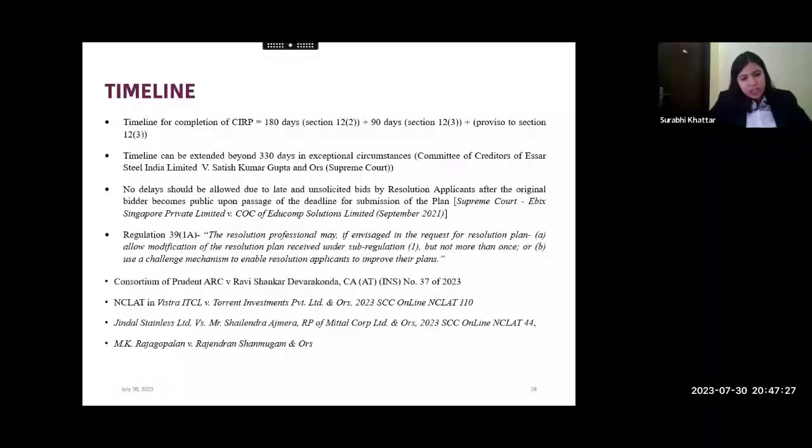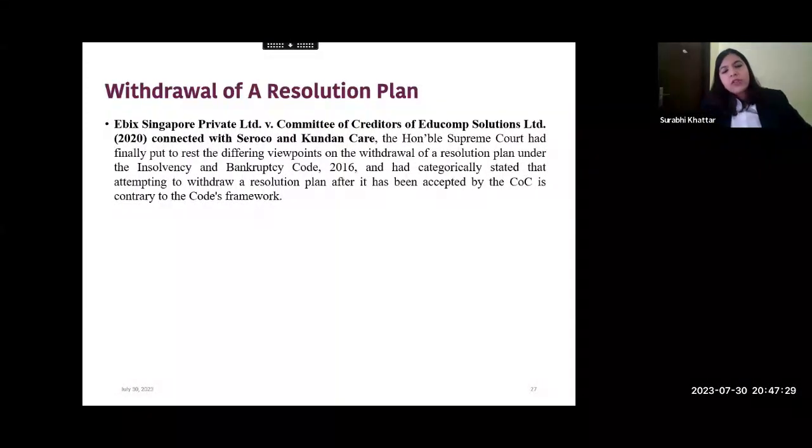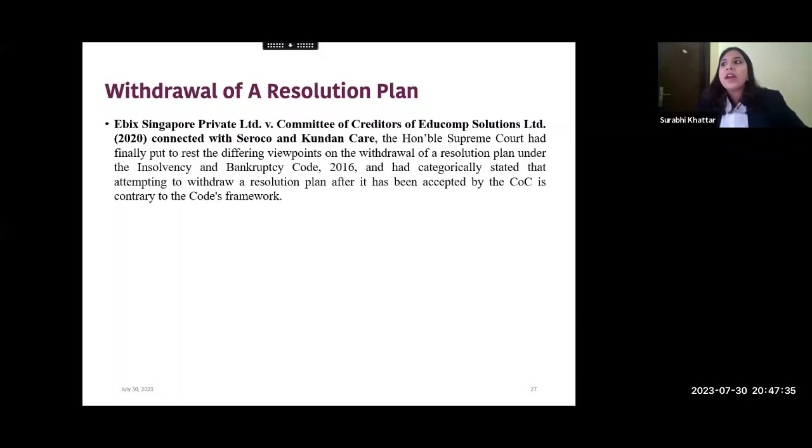There are also some situations, and this is under consideration of various forums at the moment, in cases where resolution applicants have taken over the corporate debtor, kept it for a few months, and then handed it over back to the COC.